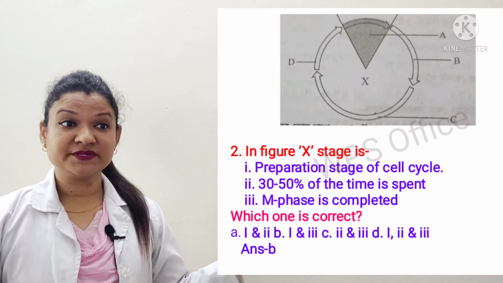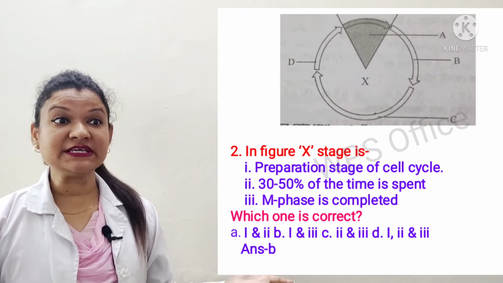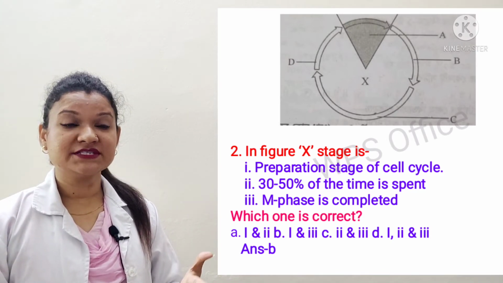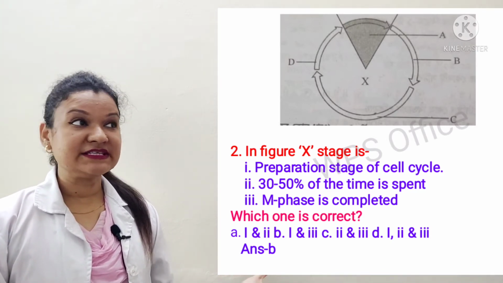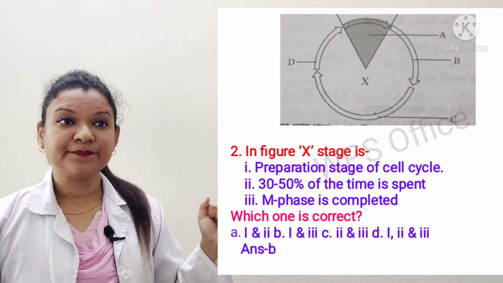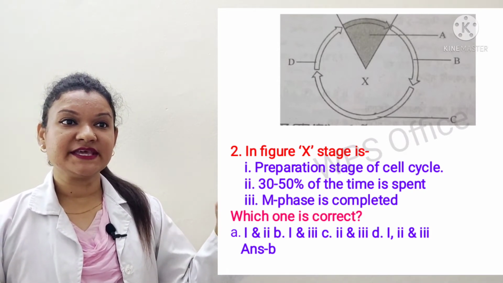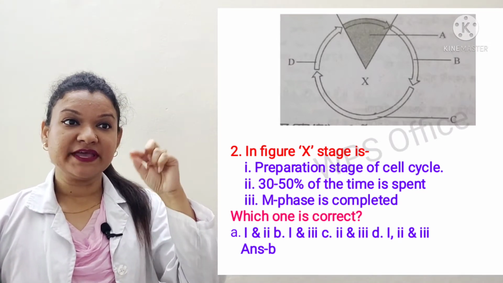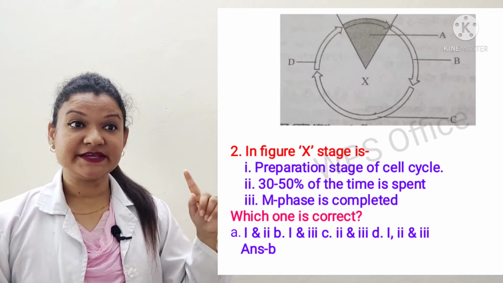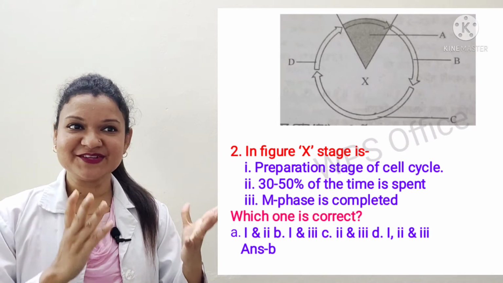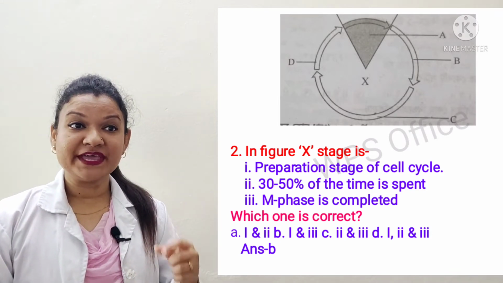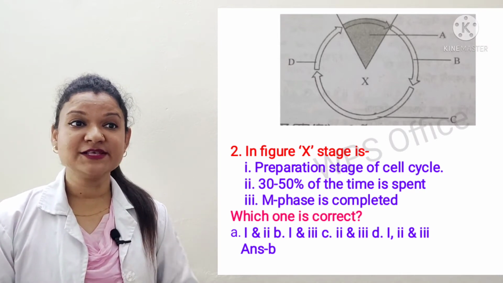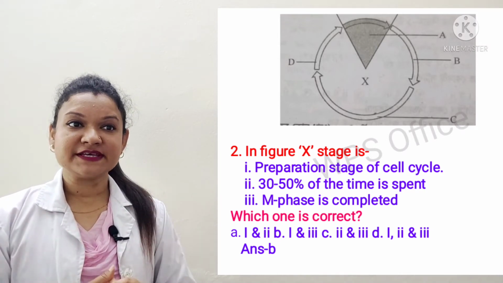Our question number 2. Here, as you can see in the figure, what is the X stage? Let's see the diagram once again. Here you can see that the X part is present after the A part. X is our interphase stage, that is the preparational phase of the cell cycle.